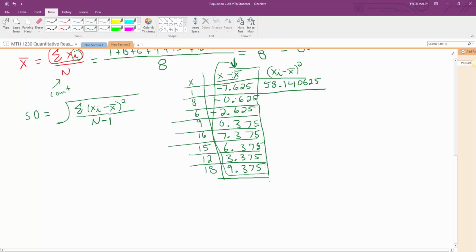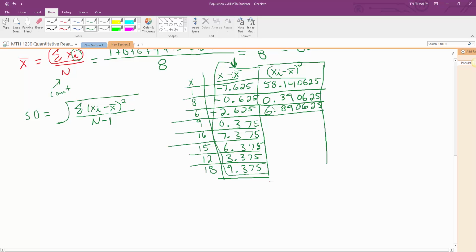Negative 0.625 squared, so I get 0.390625. The next one is negative 2.625 quantity squared. We get 6.890625.